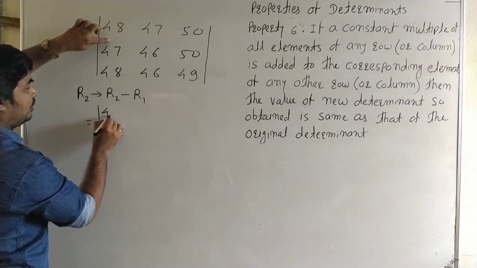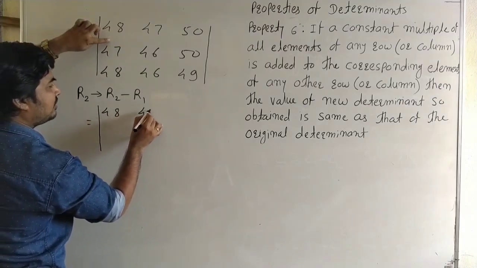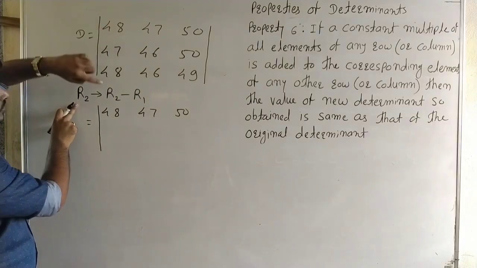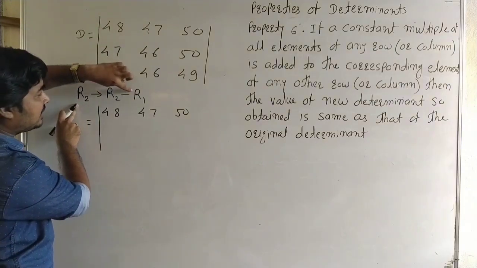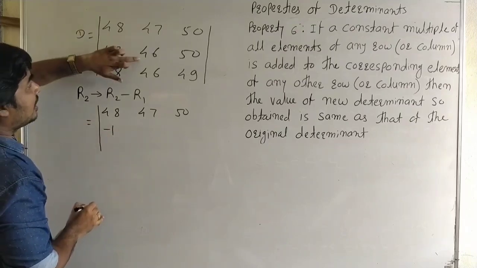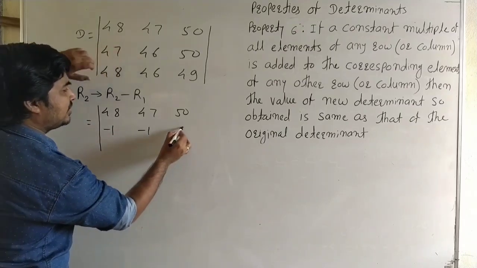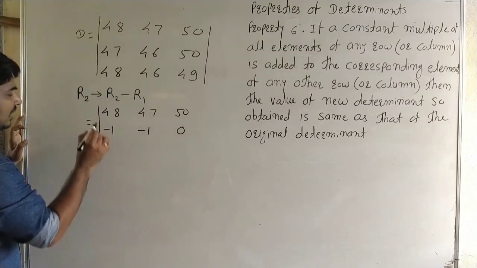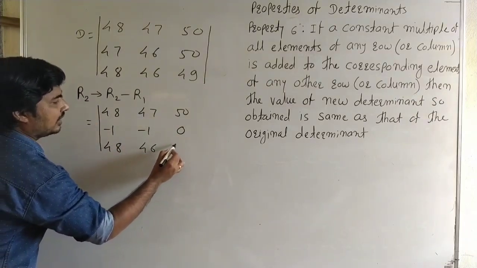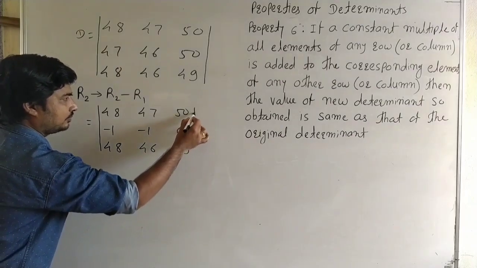It is 48, 47 and 50. R1 as it is, and R2 changes to R2 minus R1. Here it is minus 1, again minus 1, and it is 0. R3 as it is: 48, 46, 49.